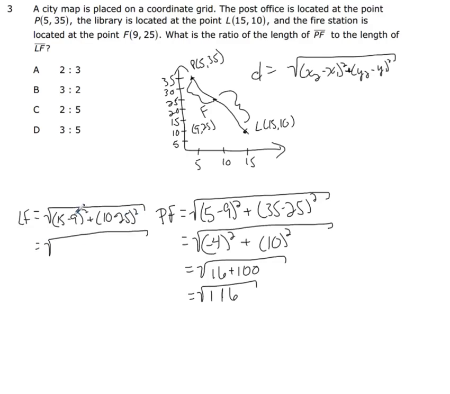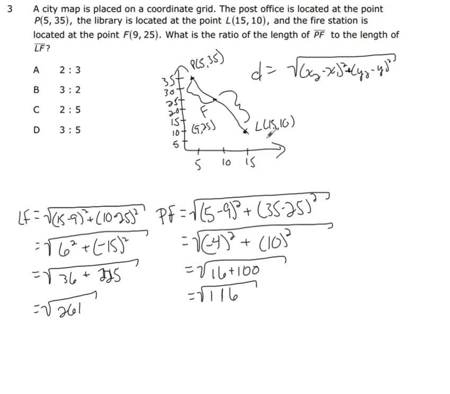All right, so 15 minus 9, that gives me 6. All right, and 10 minus 25 is going to be -15. All right, so it's going to be the square root of 36 plus 225, my bad. So 36 plus 225 is 261. So we get the square root of 261.